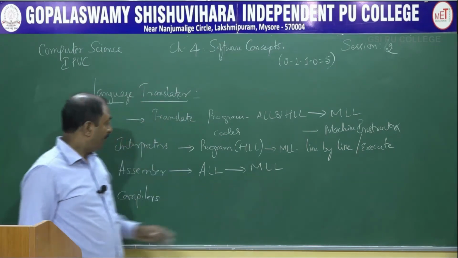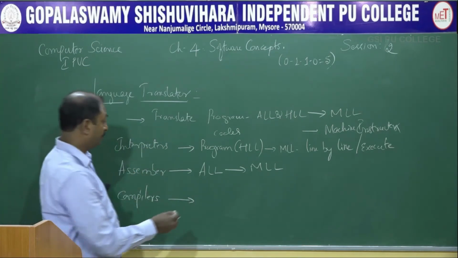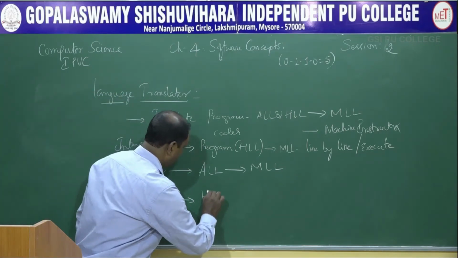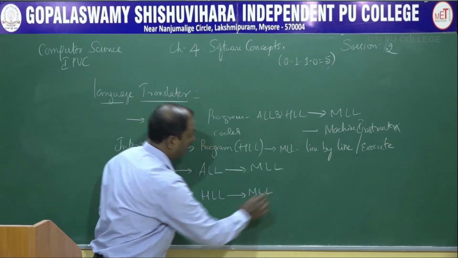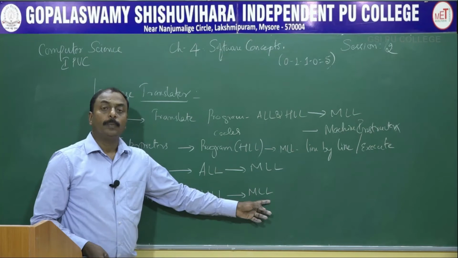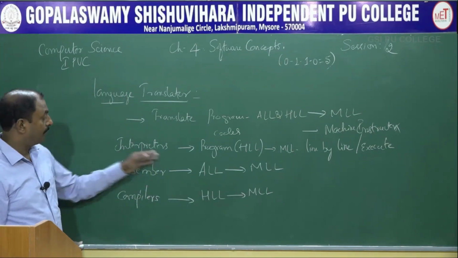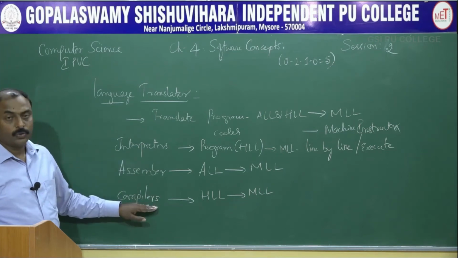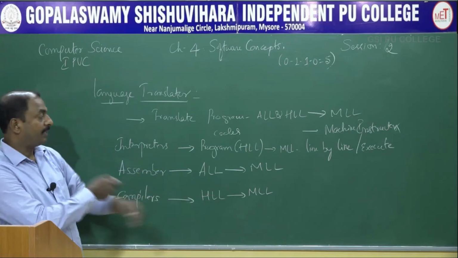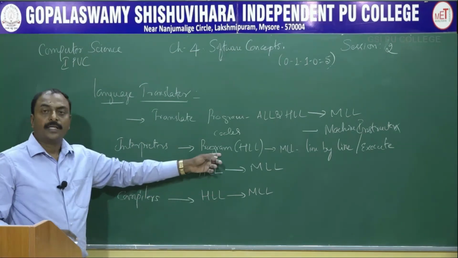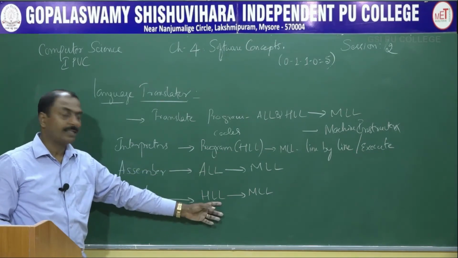And a compiler. What is a compiler? Again, a compiler is a type of translator used to convert programs written in high level language into machine level language. So, what is the difference between these two now? Interpreter and compiler, both of them are used to convert high level language into machine level language, but the difference is that an interpreter converts line by line and executes line by line, but a compiler is not like that.